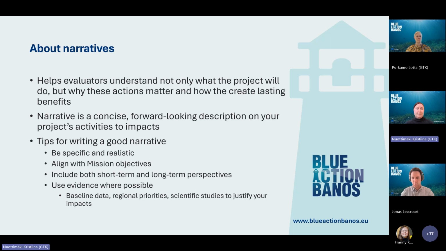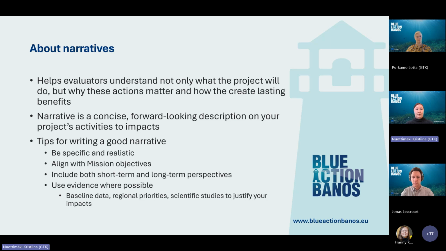We have provided guidance on writing a good narrative in the appendix, which will be made available through the website. A good narrative is specific and realistic. It is aligned with the mission objectives and includes both short-term and long-term perspectives, and uses evidence to create a baseline and background for your actions whenever it's possible.